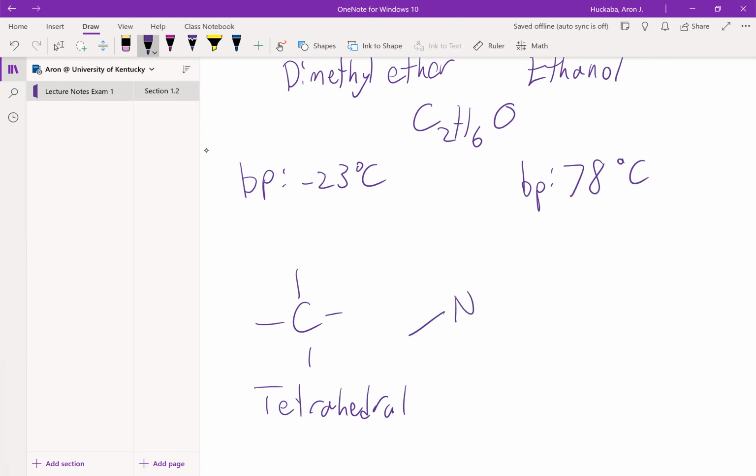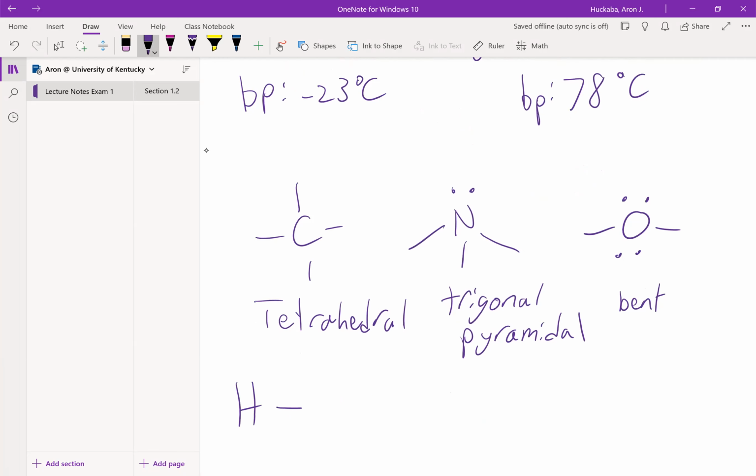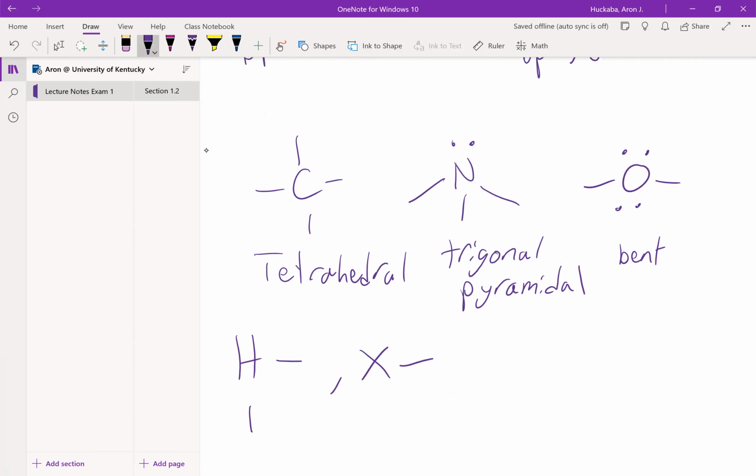Nitrogen wants to have 3 bonds and be trigonal pyramidal. And oxygen is happy only having 2 bonds, being a bent molecule, like in water. And things like hydrogen and halogens only make 1 bond, and they're typically linear.